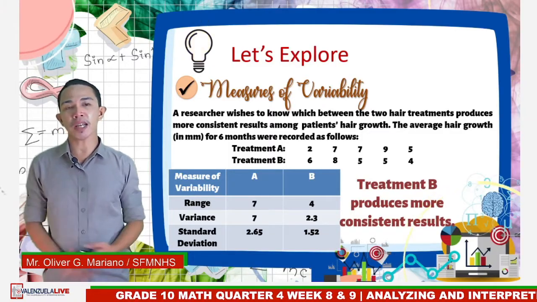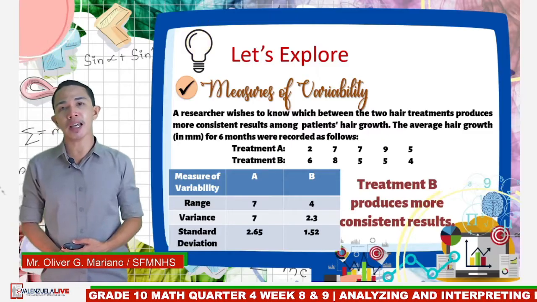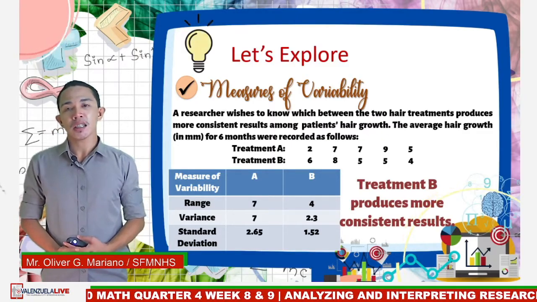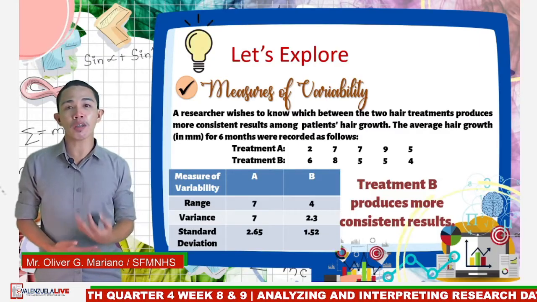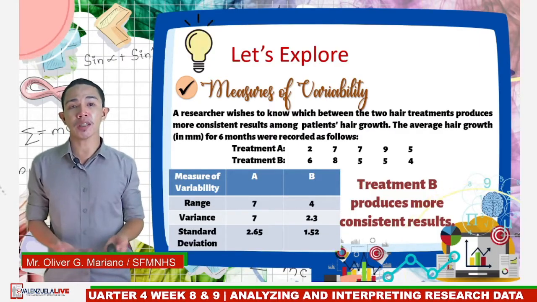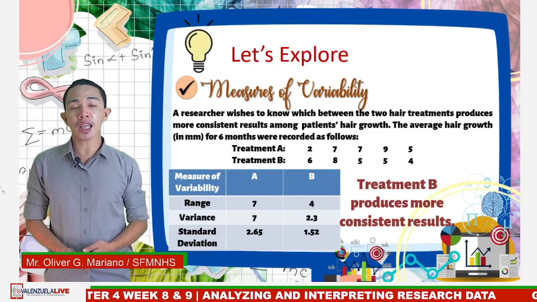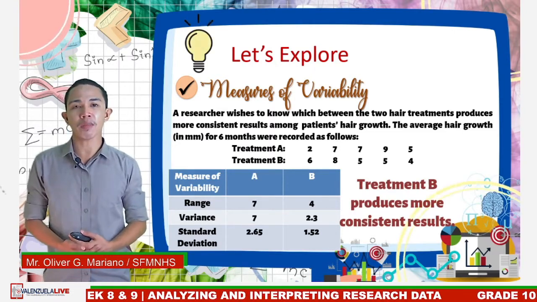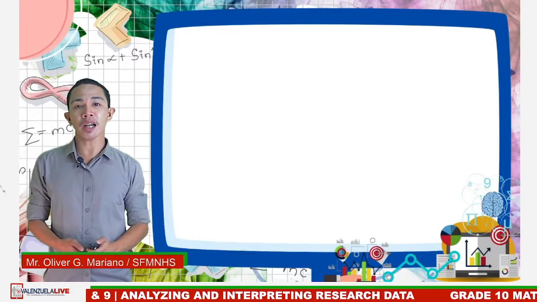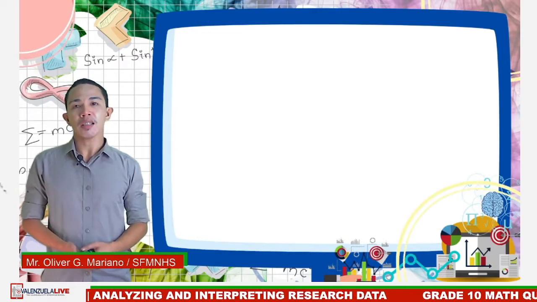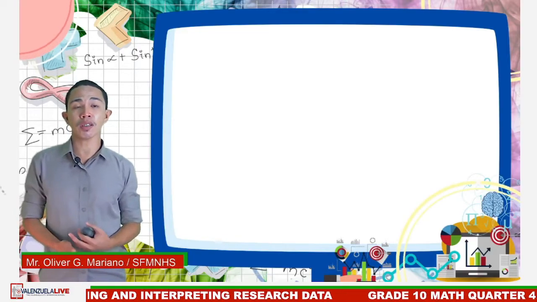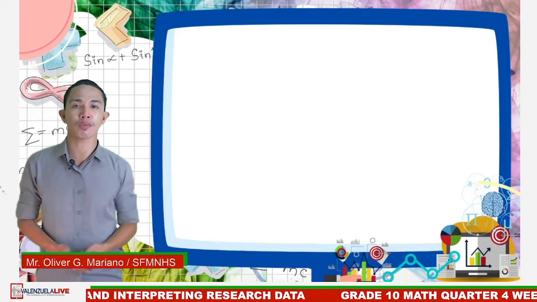For measures of variability, we have to take note that the smaller the values that you get, the more homogeneous the distribution is. Meaning the scores are very near from each other. While the larger the value that you get only means that the distribution is more heterogeneous.